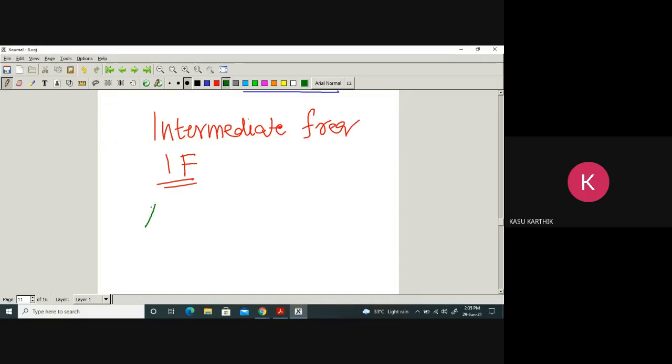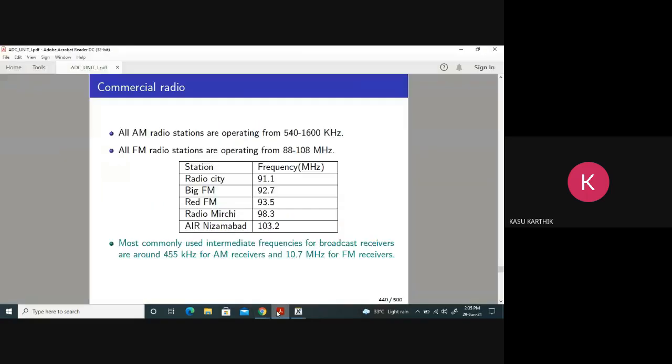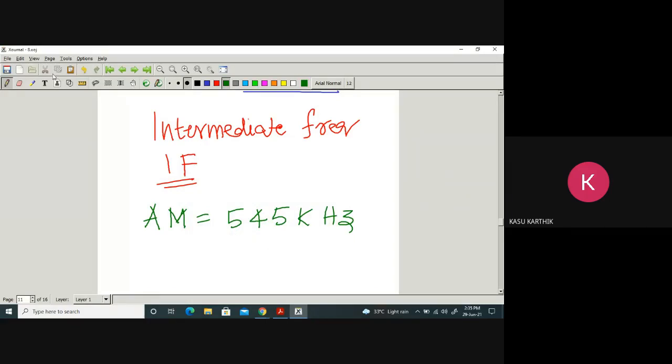For AM, it is 455 kilohertz. It is a standard value, you must know. It is 455 kilohertz.